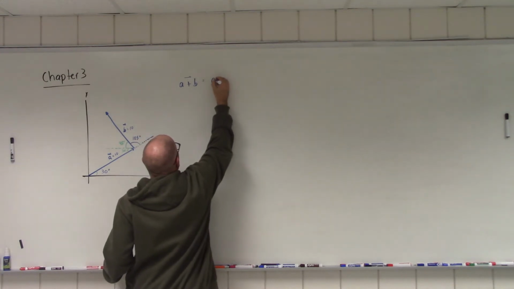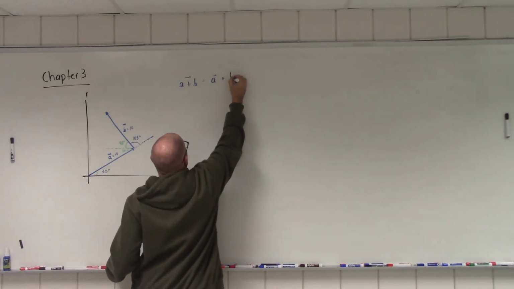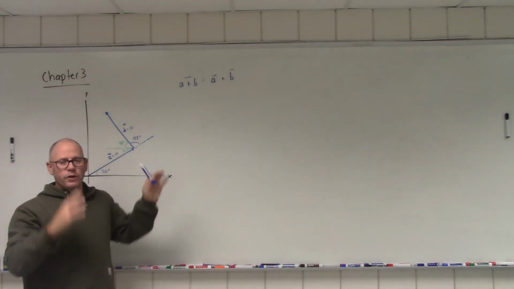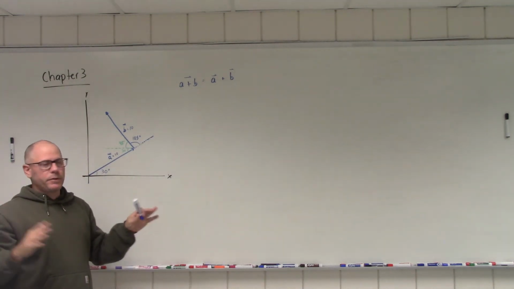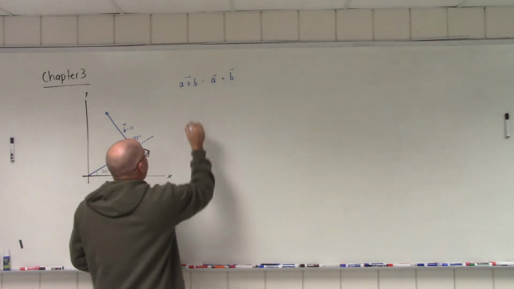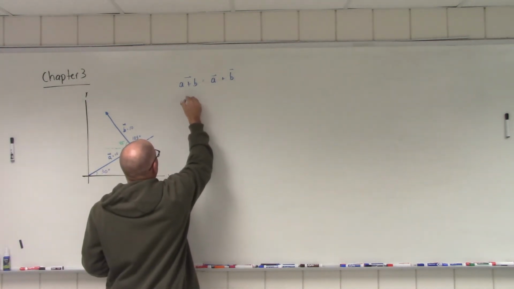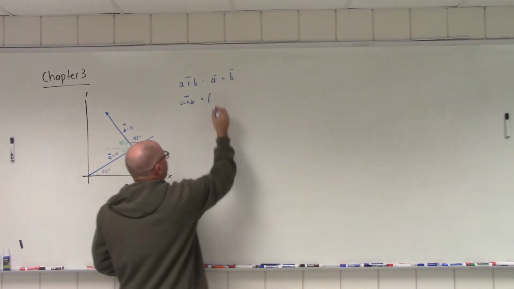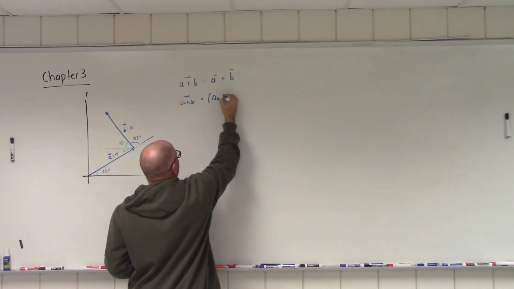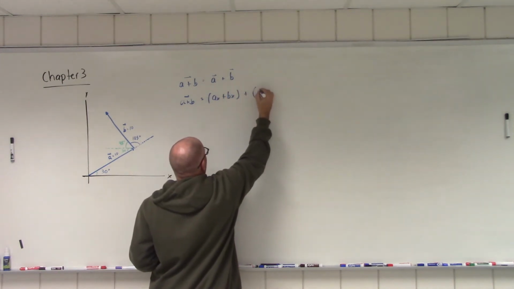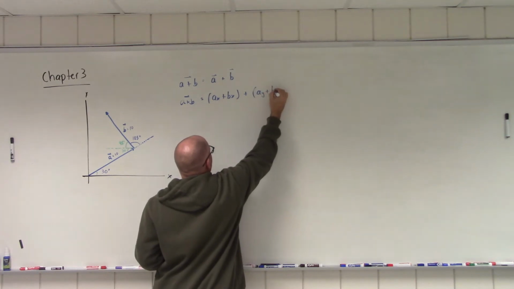I'm going to take the vector a and I'm going to add it to the vector b. Now, when you write it like this as all three vectors, you're implying that you're adding them tip to tail, which I'm doing. But what this means also is, when I add these together, I'm going to get the ax plus the bx, and then the a in the y direction plus the b in the y direction.